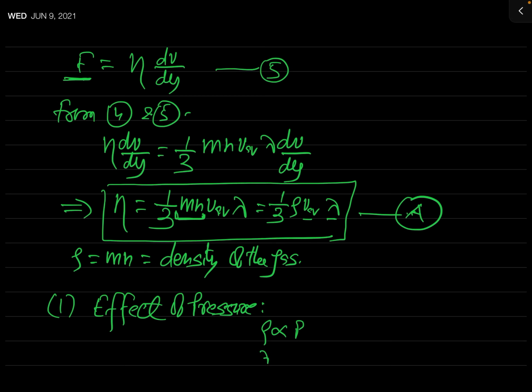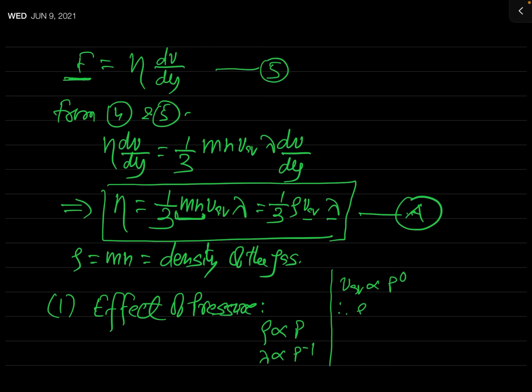So lambda is proportional to P to the power minus 1. And the average velocity of a gas molecule depends only on its temperature, not on pressure. So V average is proportional to P to the power 0. It means V average does not depend on pressure.